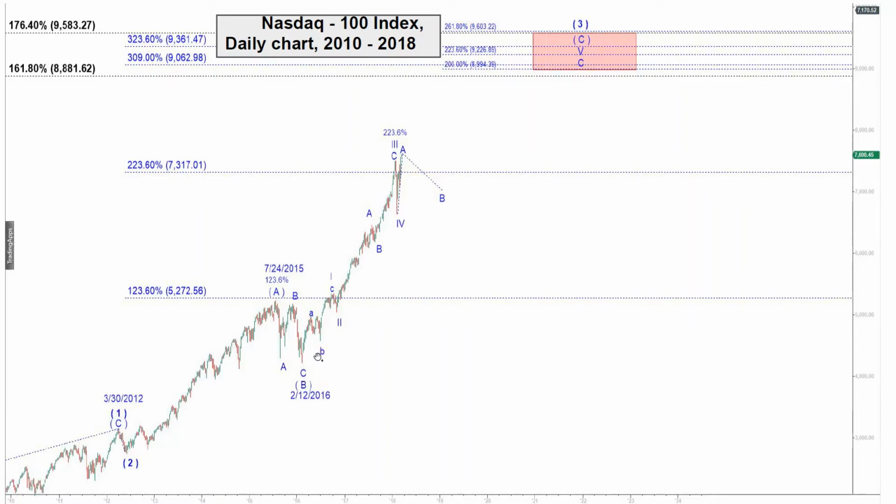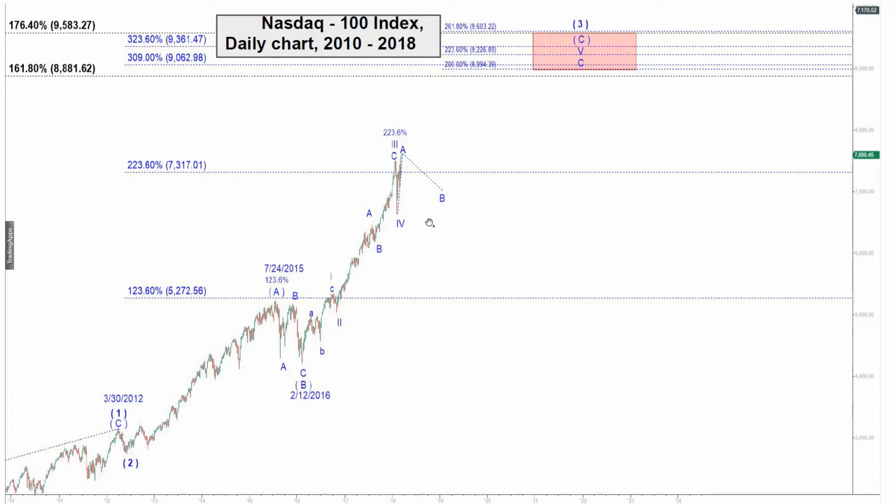On any degree, all the rules of harmonic Elliott wave should be followed. And here we have a very shallow 2 down. That means that wave 4 should be deep and it should be complex. So what we may have here is A of 4, B of 4, and C of 4. That would basically satisfy the alternation rule.